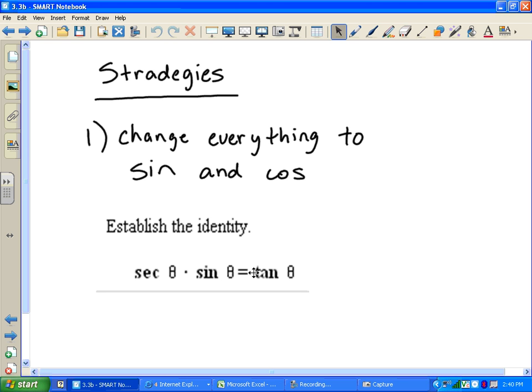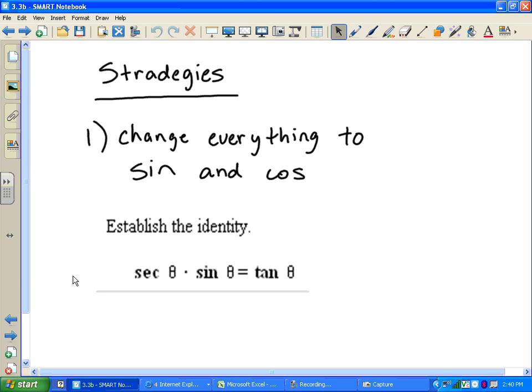This first strategy, we've actually already done in the first problem. Keep in mind, when I do these problems, I'm not really going to work the problem out, but I want you to have an understanding of the strategy. In the next video, we will actually take the problems and work them out, look at the multiple choice answers, and pick the multiple choice answer.